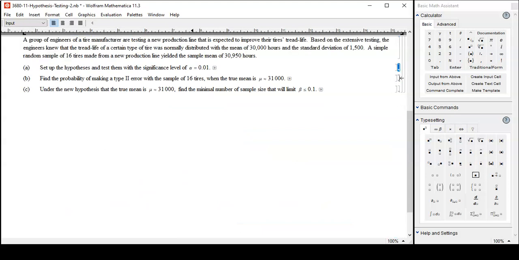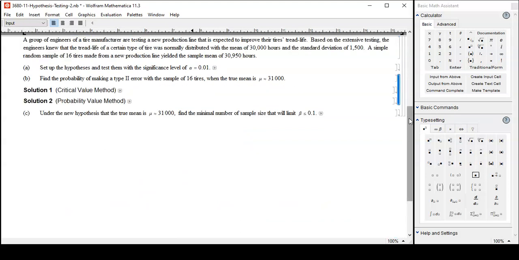No problem there. Now let's consider the second case with additional or new hypothesis. Mu is about 31,000 now, not 30,000. Based upon this new hypothesis, let's find out the probability of type 2 error, or the maximum probability of type 2 error.